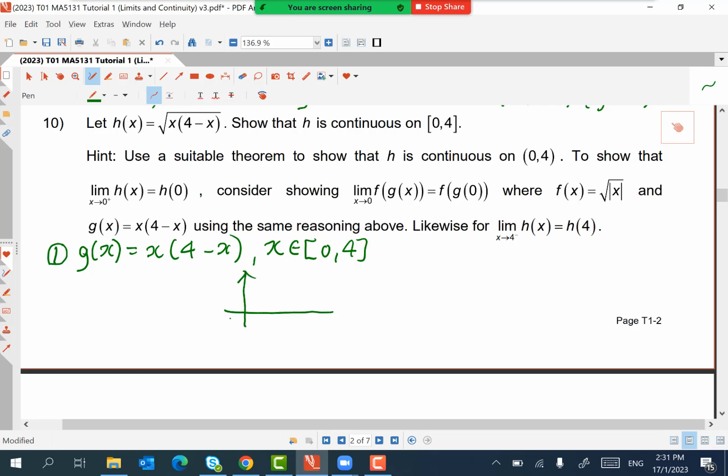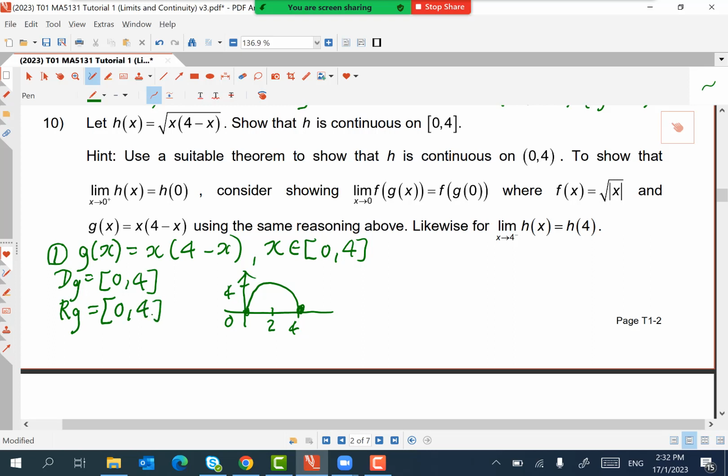This graph will look like this: 0 to 4, inclusive of 4 and inclusive of 0. The maximum point is when x is 2, and when x is 2, the y coordinate is 4. So the domain of g, of course, is [0, 4], and the range of g is [0, 4] as well.